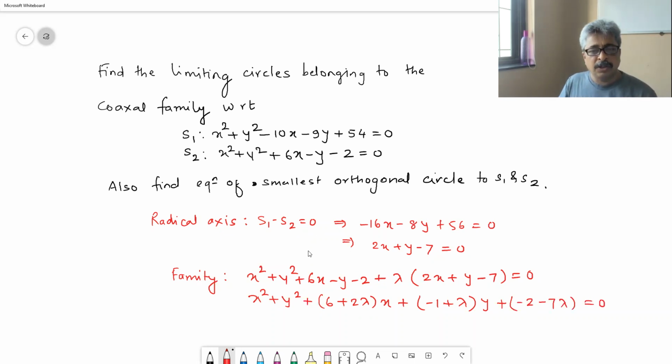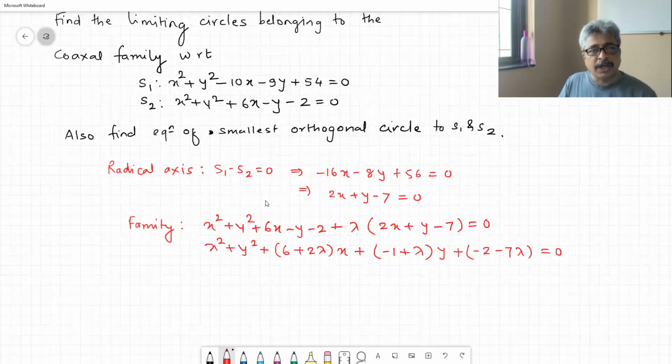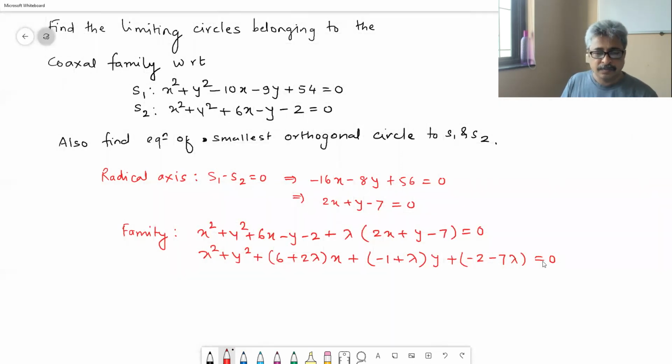Okay, so this is your quadratic. You want radius equal to 0, so g square, minus 3 plus lambda bracket square, plus minus 1 plus lambda by 2 bracket square, minus c, plus 2 plus 7 lambda should be equal to 0.